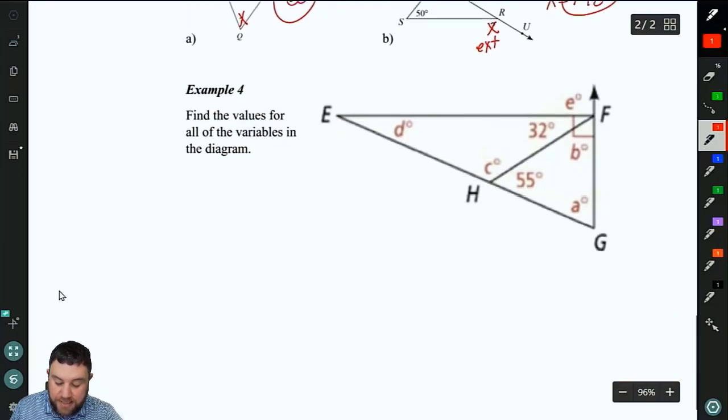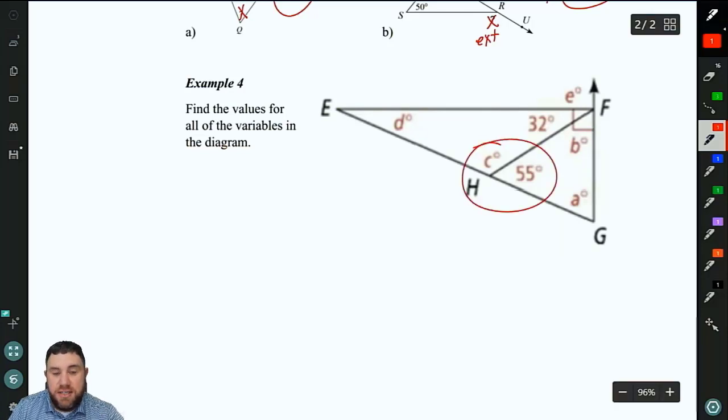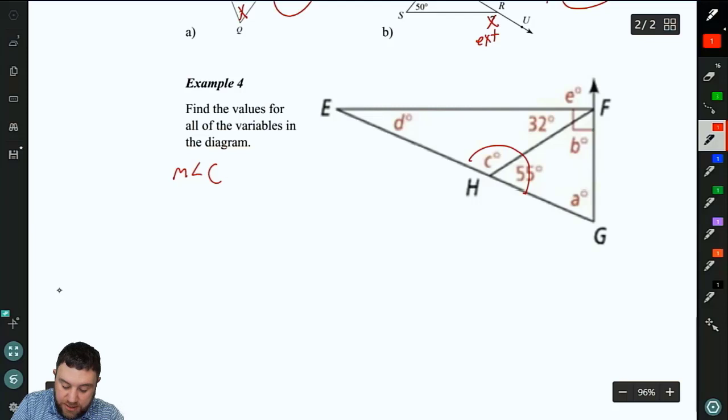All right, so for our last example, we're going to find all of these different variables, and we just need to do them piece by piece. If you look right here to find C, that might be the easiest one to start with. We know that those two add up to 180. So C equals 180 minus 55, which is 125 degrees.